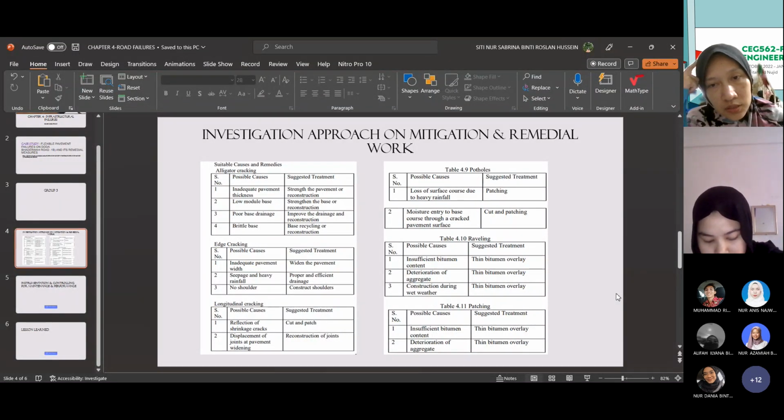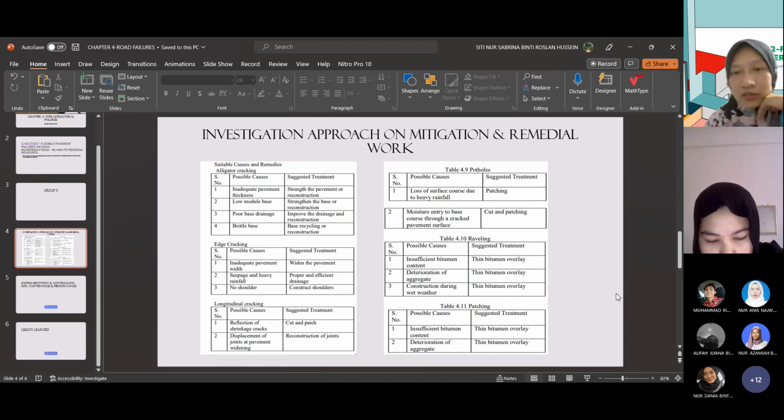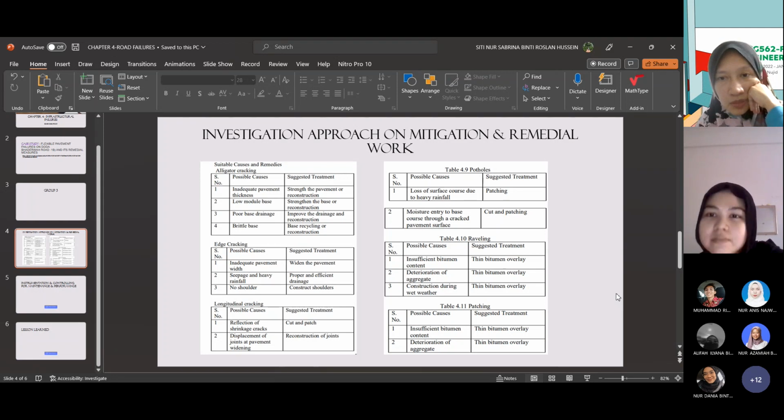Is it the bitumen selection based on the crack pattern or based on the failures itself? So do you have any info regarding on that thing? Do you know how they select on the bitumen type for that specific field area?